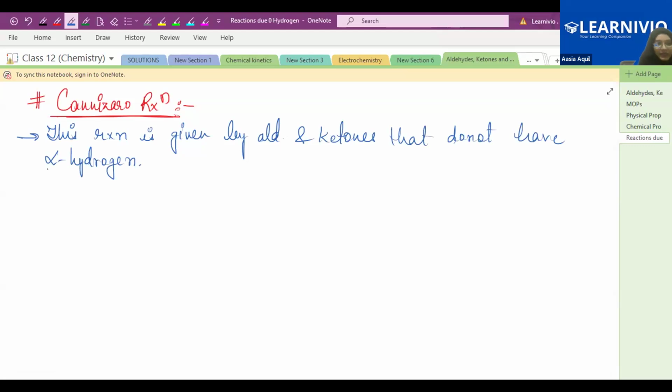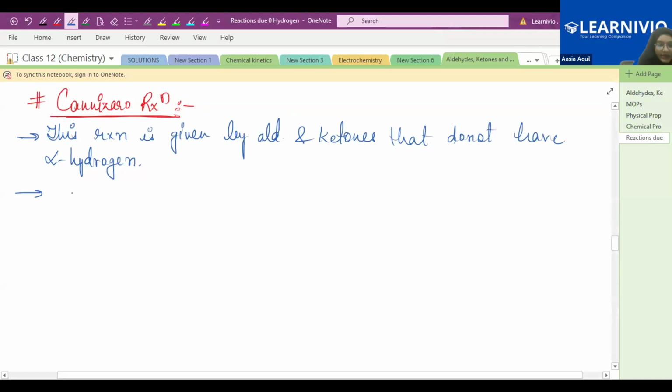Basically, aldehydes that do not have alpha hydrogen undergo self-redox reaction. One molecule will undergo oxidation as well as reduction, both occurring simultaneously in the presence of concentrated alkali. Again you will use the alkali over here.